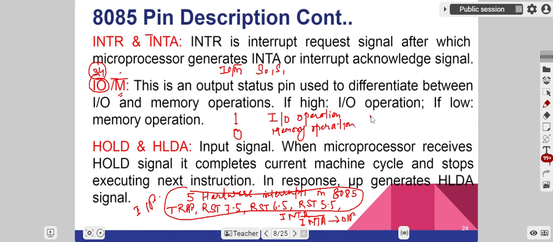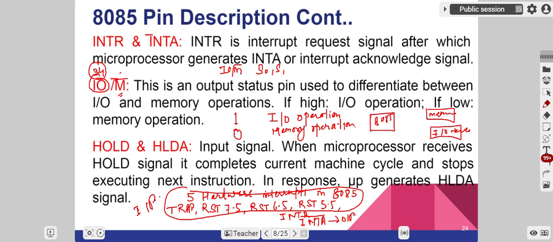I already told you that you can connect memory as well as input output devices to your microprocessor. So what operation it is performing at that particular instant of time, that status we can get with the help of this input output slash memory bar pin.